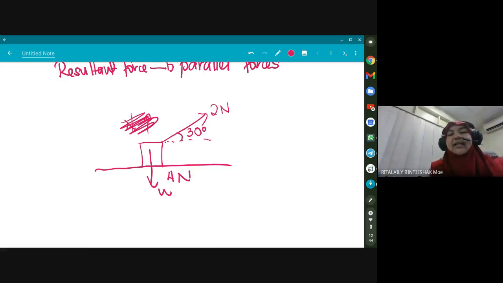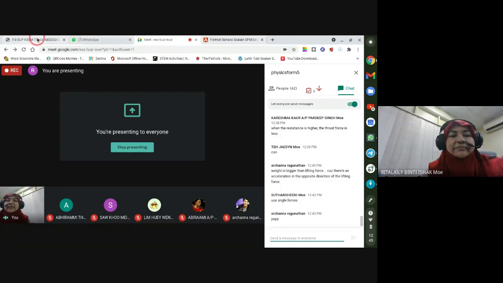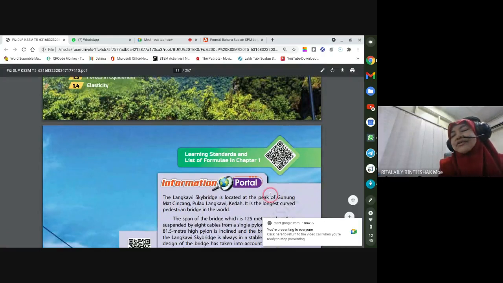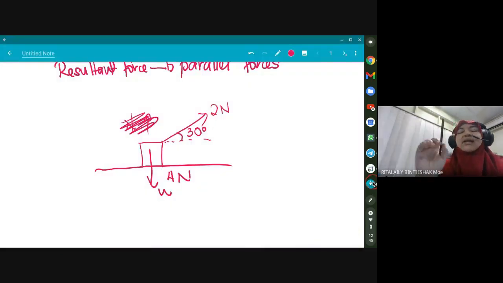For this one, we can split the force into two perpendicular forces, okay, which is called, saya tak ingat, nanti saya tengok apa dia punya term in English. Resolution of force. Resolution of force, sorry. Okay, so the force can be resolved into two forces perpendicularly.